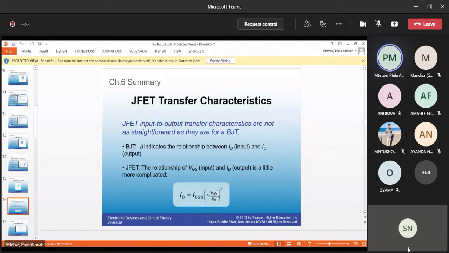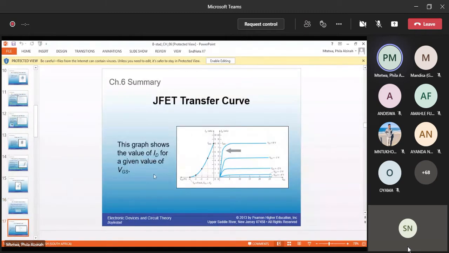So this relationship can be represented by a graph. This graph shows the value of ID for a given value of VGS. We'll elaborate on this more in chapter 7, which comes after this one. Here you have VGS in volts against ID in milliamps.